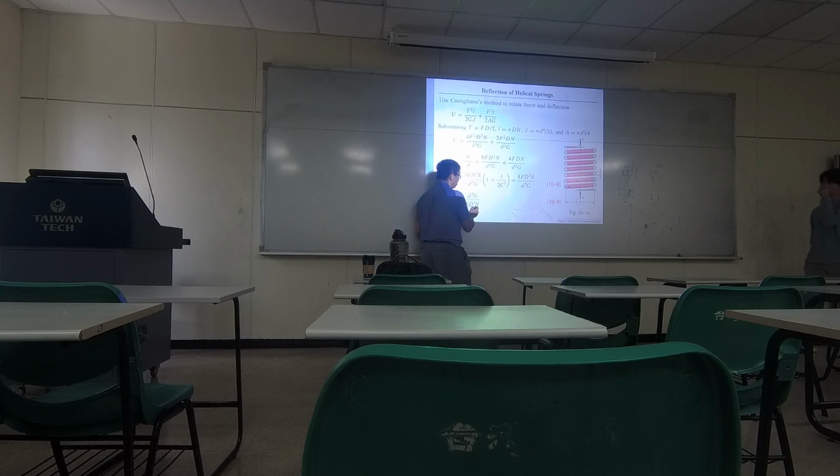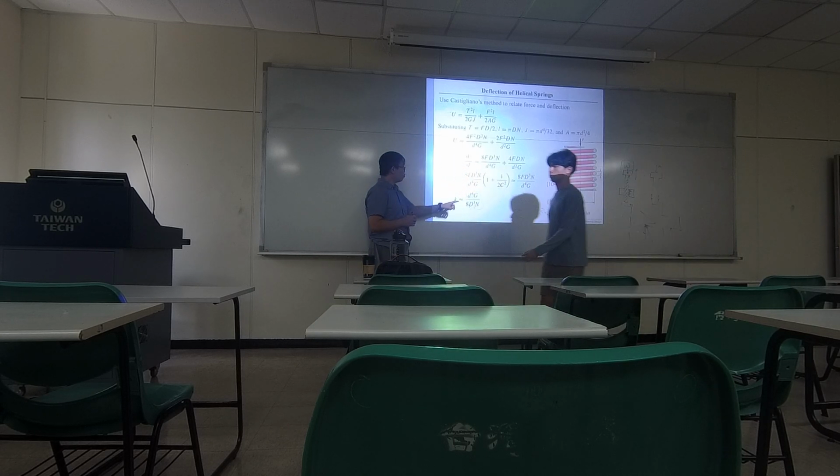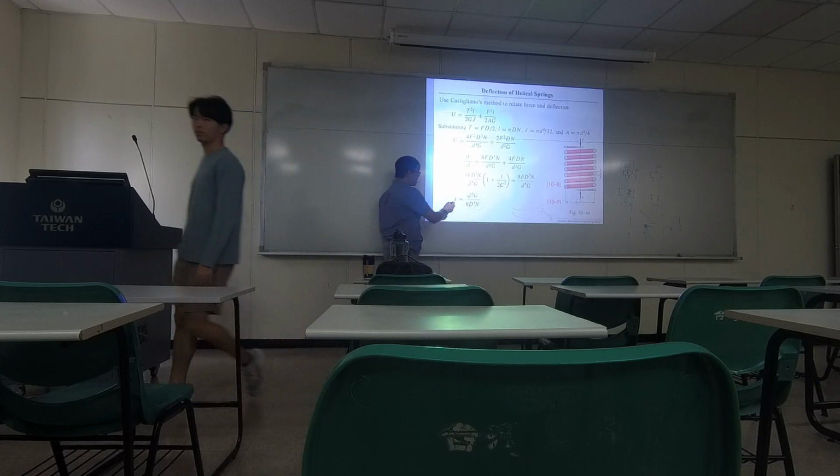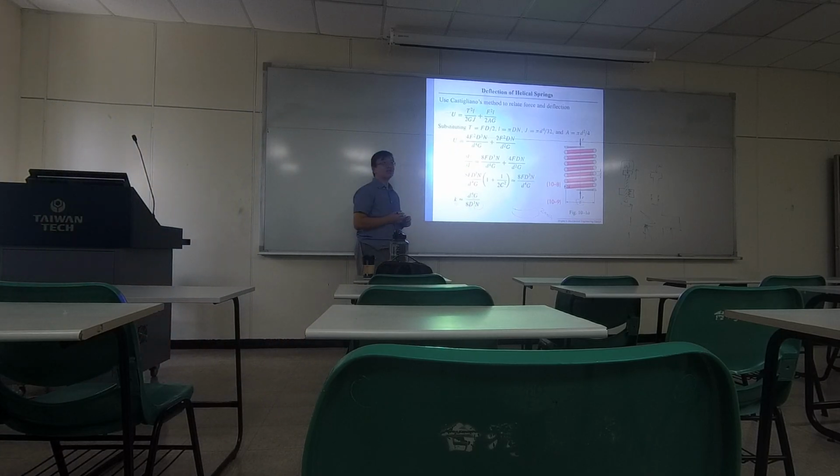So n is the number of coils. With these numbers, you can estimate the spring coefficient K. So if you know this, F is going to equal this particular K times delta X.